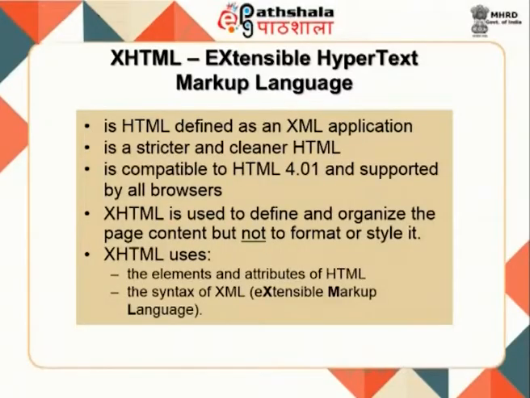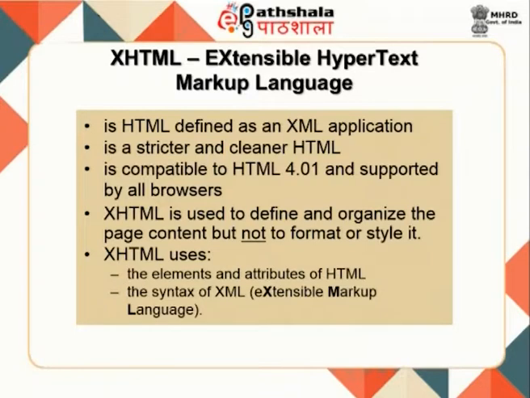And XHTML is basically to define and to organize the page content, but it is not for formatting or styling it. So, XHTML uses the basic tags of HTML, and it also includes the elements and attributes of XML, and it also conforms to the syntax of XML.